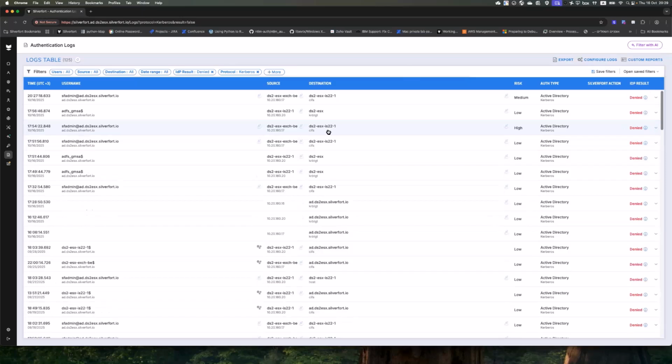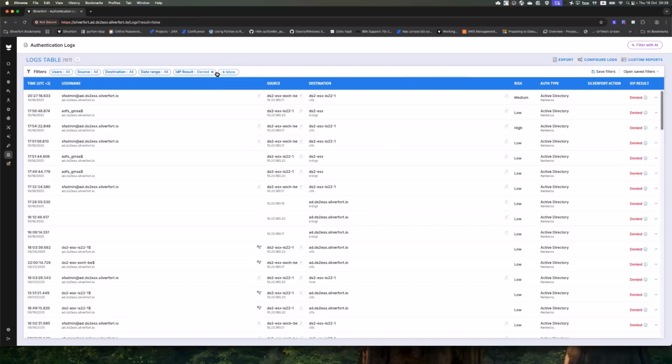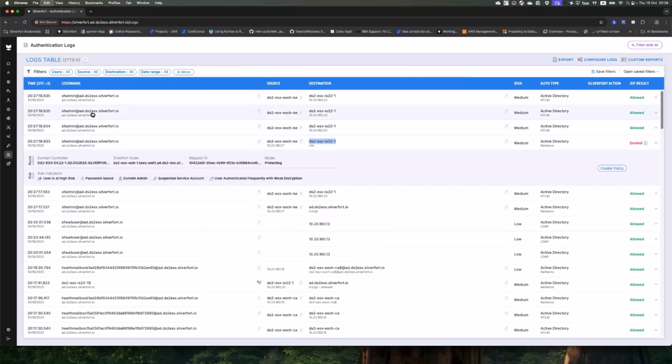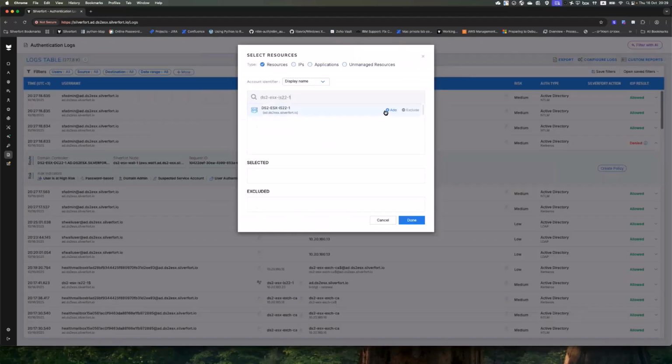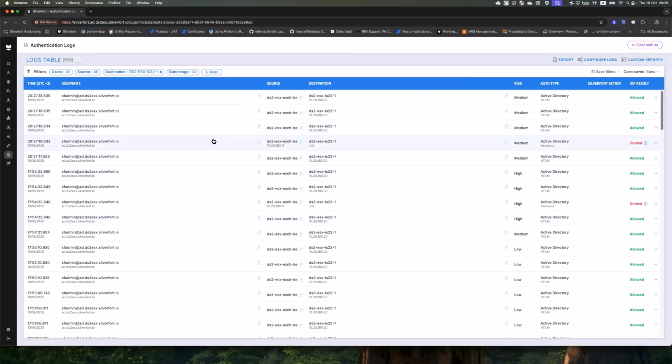So if I go and reset my filters, and I search this specific destination server, then I can see that every time I try to authenticate using Kerberos, NTLM is followed.